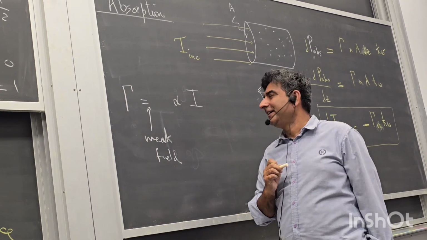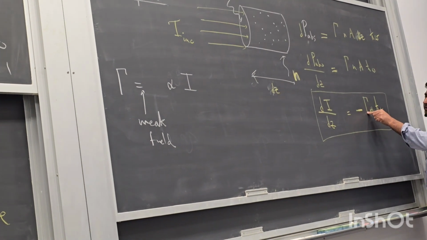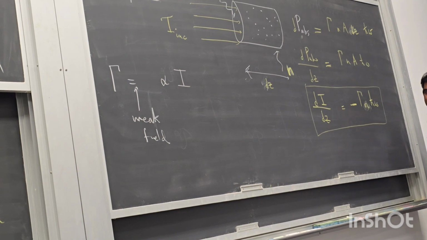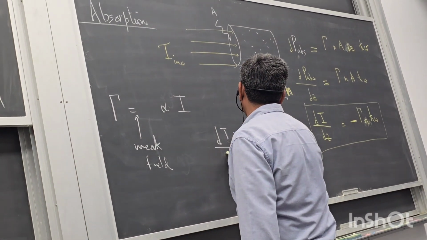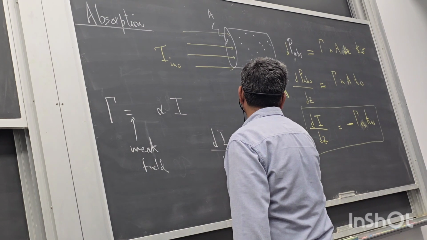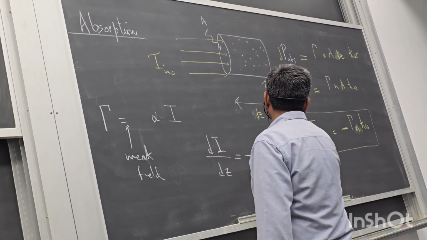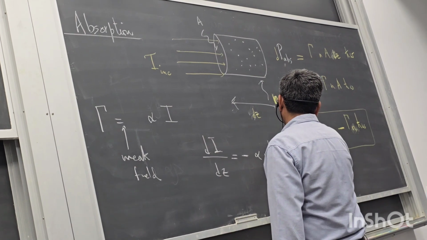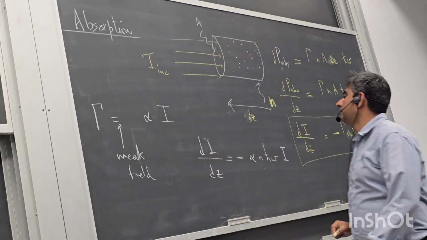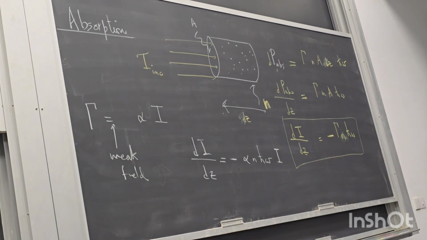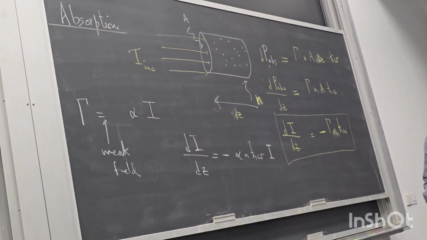So in that case, we could replace this, and it becomes proportional to an intensity. So my dI by dZ is going to be equal to minus some alpha n ħω I. Here, I is the incident intensity.